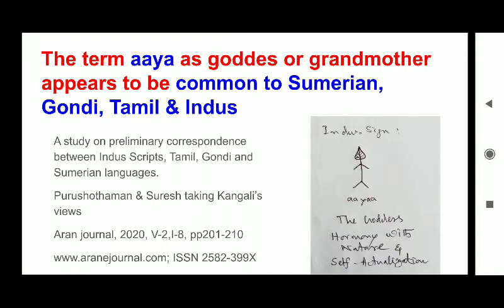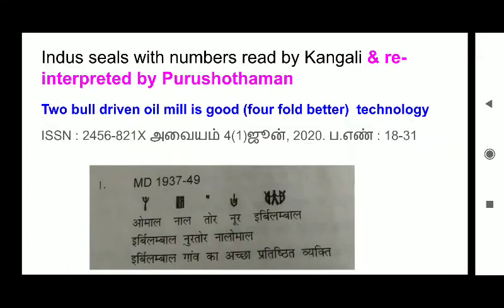This we'll have to critically examine, and we have also attempted reinterpreting the Gangali reading of the Indus signs through Gondi, and this is a very interesting sign.